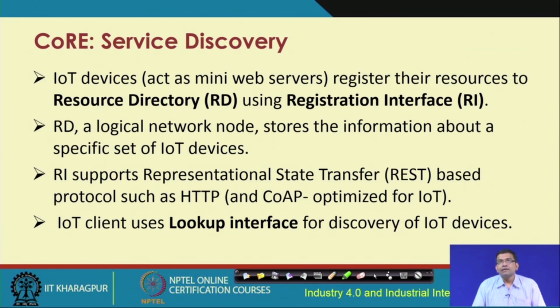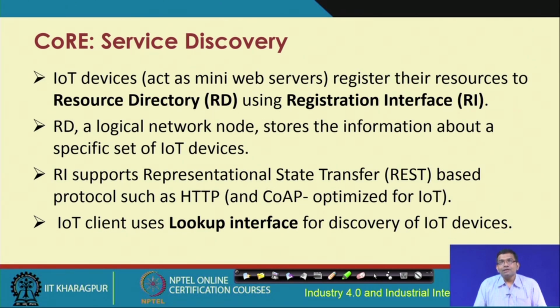CoRE devices are like mini web servers that register their resources to the resource directory and the registration interface. So, a resource directory is a logical network node that stores the information about a specific set of IoT devices.